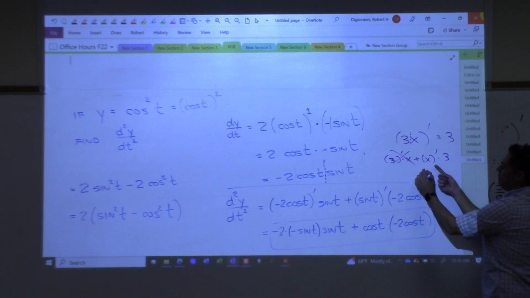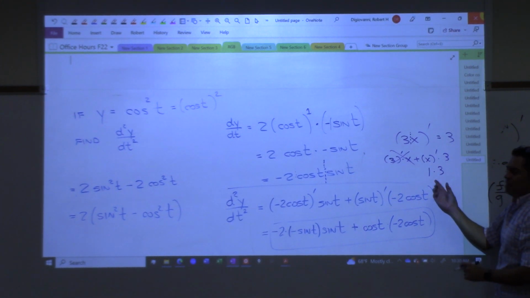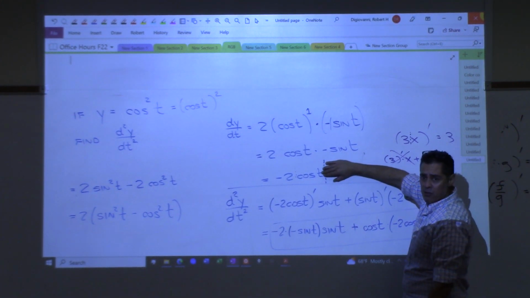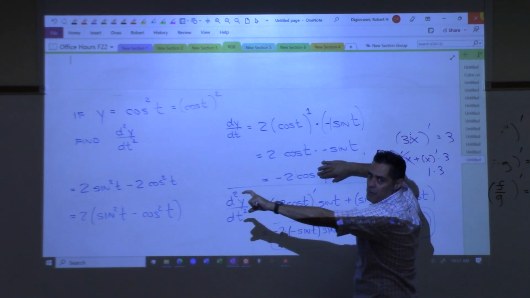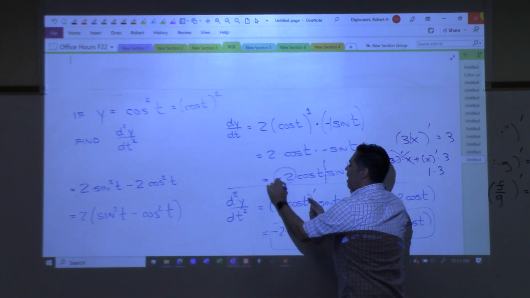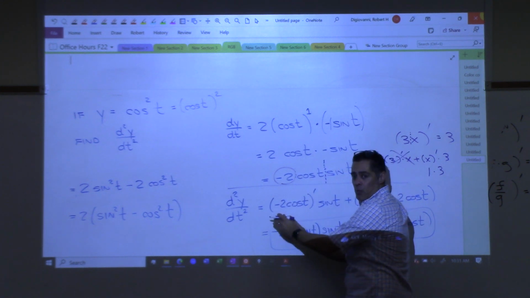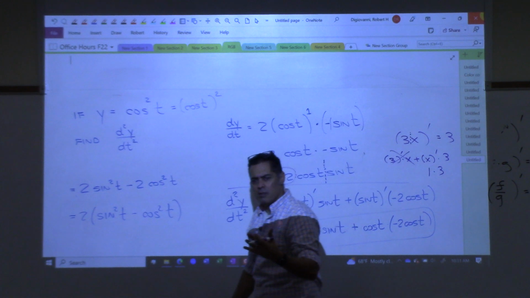And then over here, the derivative of x is 1, then times 3, so you just get the 3. So if I had treated this like a product rule, I'm going to get a 0 on that first one, and so I don't need to look at it. That's why whenever we have a constant attached to a function, we just bring it with us. When we take the derivative, it just comes out in front. Am I answering your question? Okay.